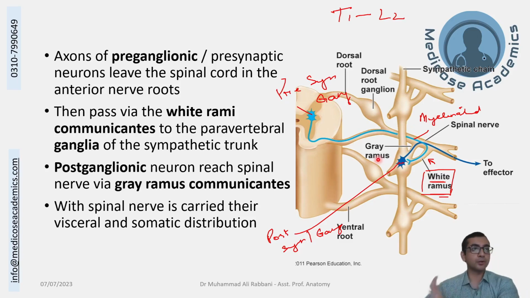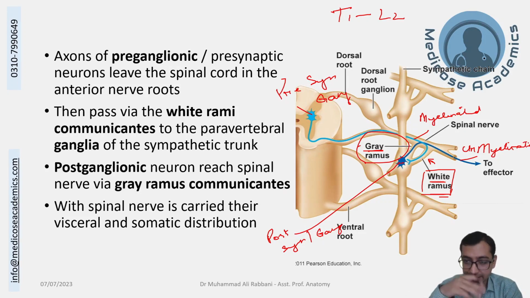This has to go back to the spinal nerve to supply the erector pili muscle and the sweat glands. It does not go back the same route. It has too much of a self-respect and ego. It has its own track. It has its own connection. That connection is called gray ramus communicantes, and gray ramus tells you that it is unmyelinated.